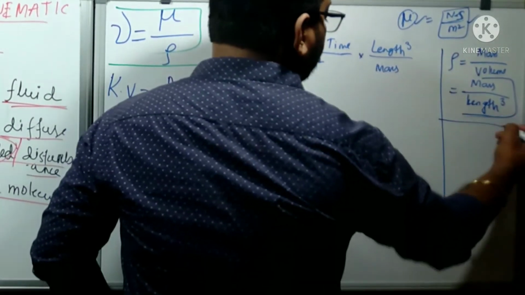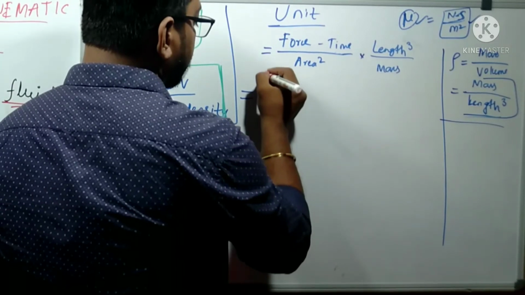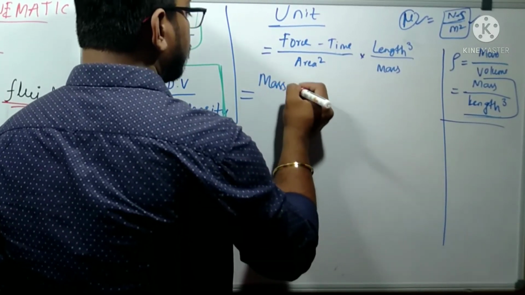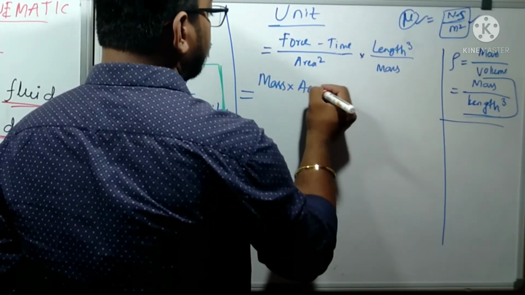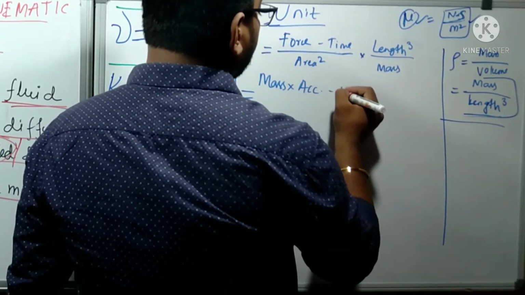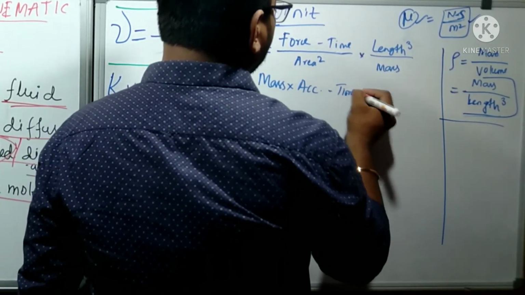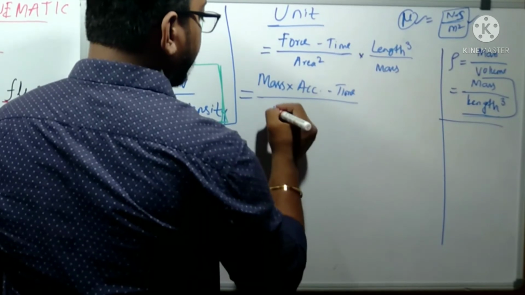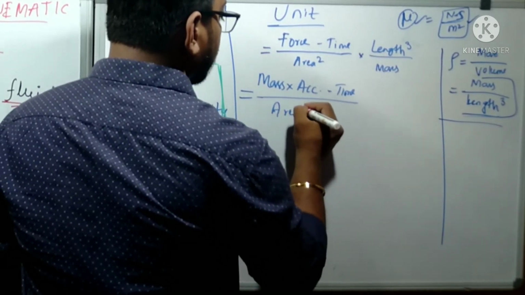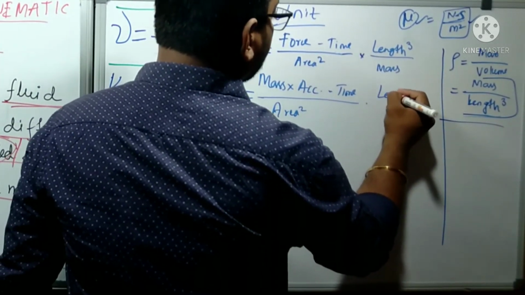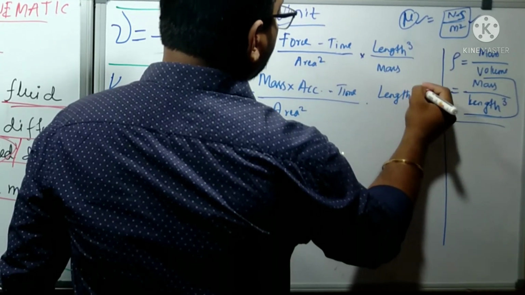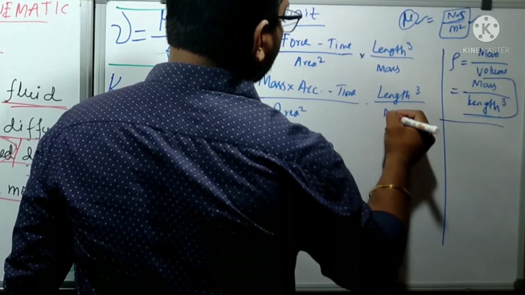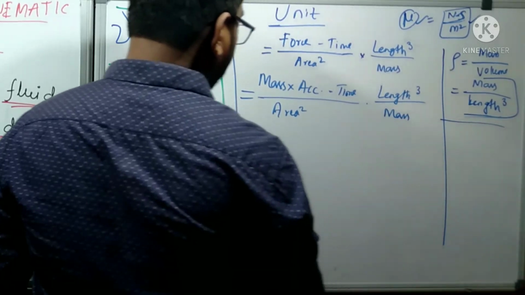Force is equal to mass into acceleration. So force, which is mass into acceleration, into time by area square, into length cube by mass.